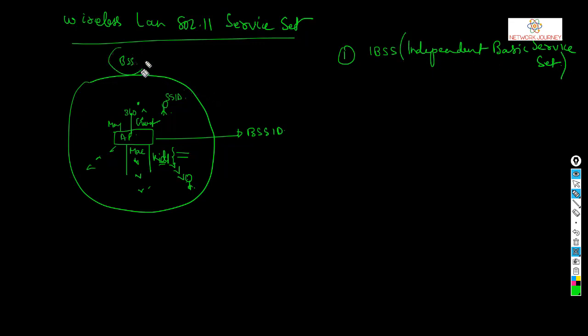So you know what is BSS. Now what do you understand by independent basic service set? It's a condition when two or more wireless devices are connected directly without an access point.